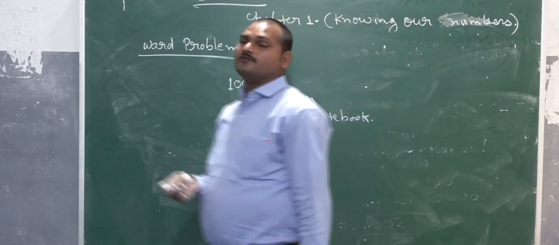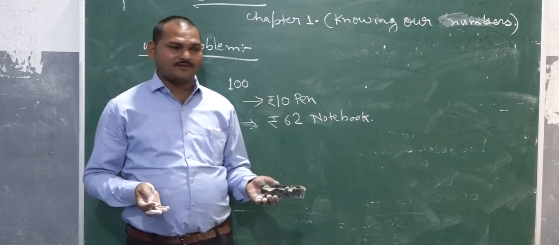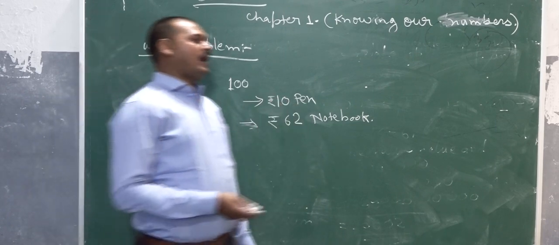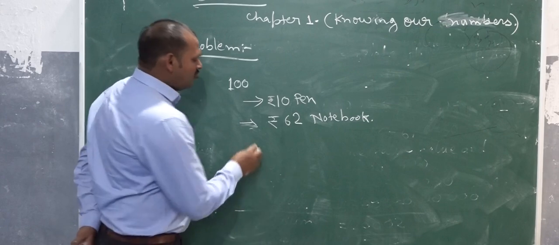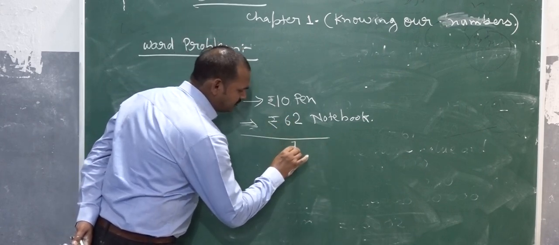What will you do? First find the sum, how much we spend. We spend 10 and 62. 10 plus 62 is equal to 72.